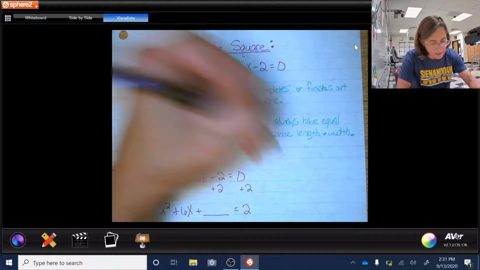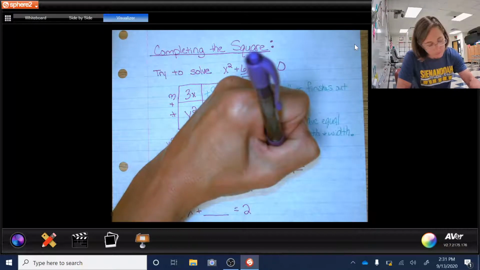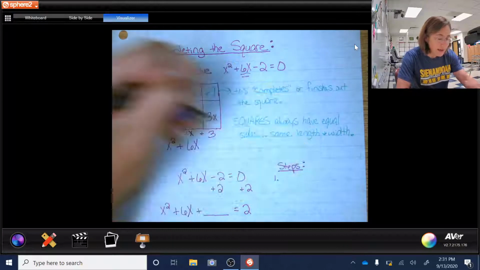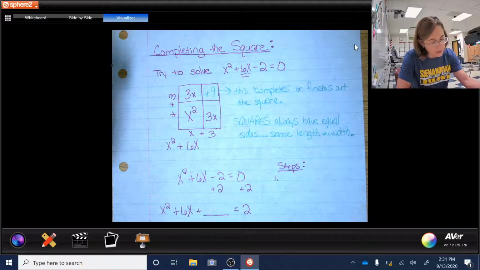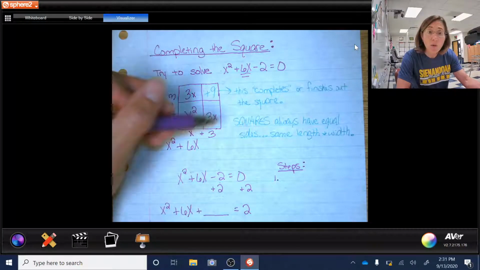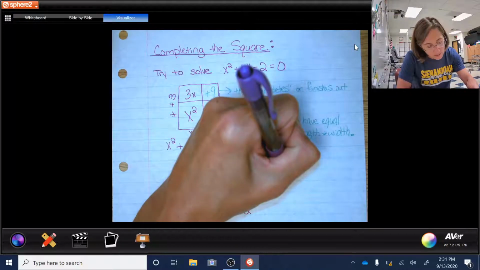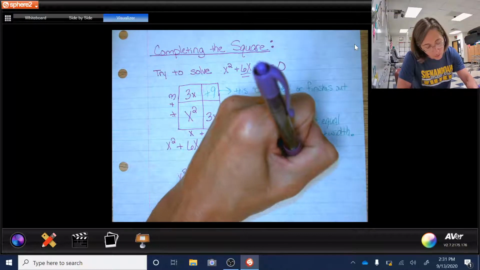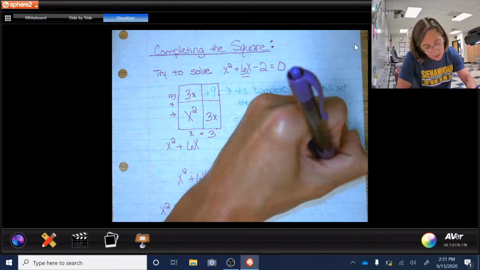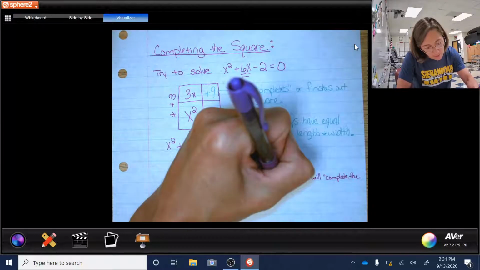So let's put some steps here. So the first step we're doing is, let's see. Well, I did this previously. We saw what would complete that square. See what will complete the square.